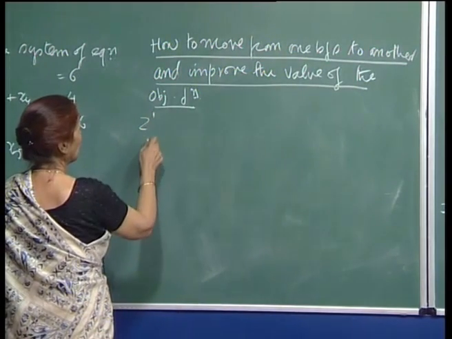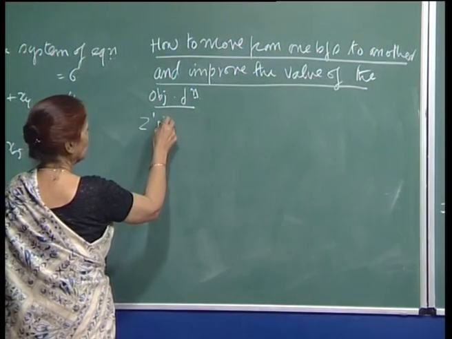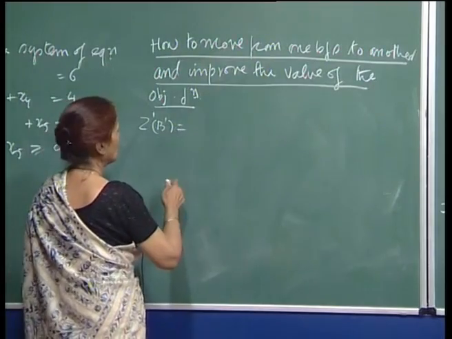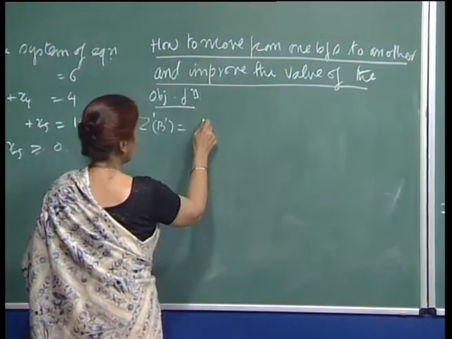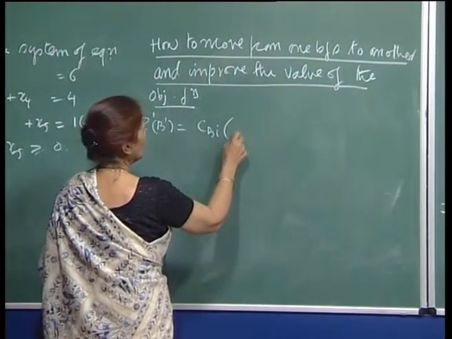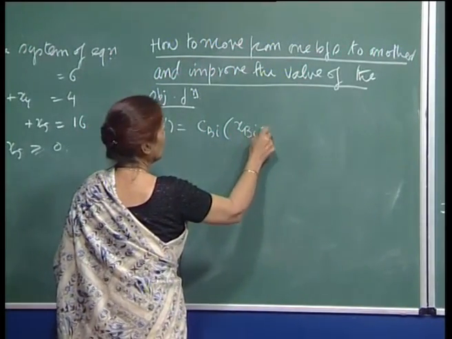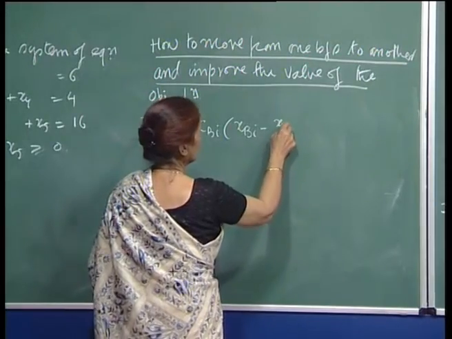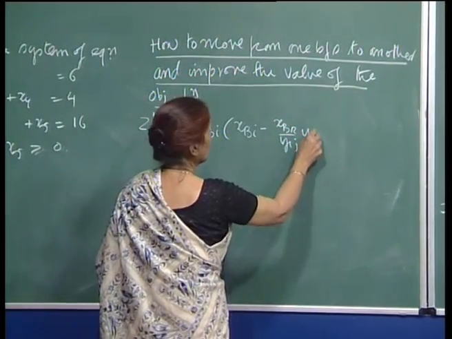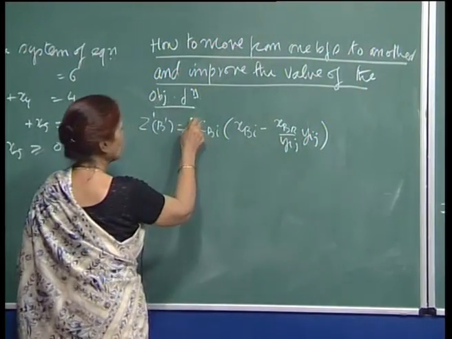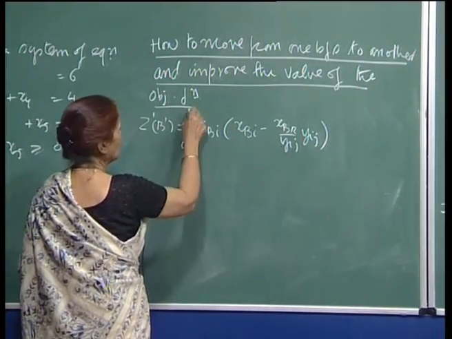So, let us see the value. Your z prime corresponding to B prime is what? Since that is your new basic feasible solution, this is summation CBi into xBi minus xBr upon yrj into yij, this summation i varying from 1 to m.